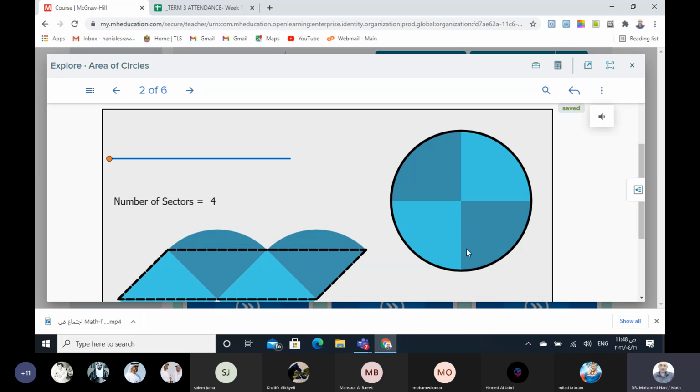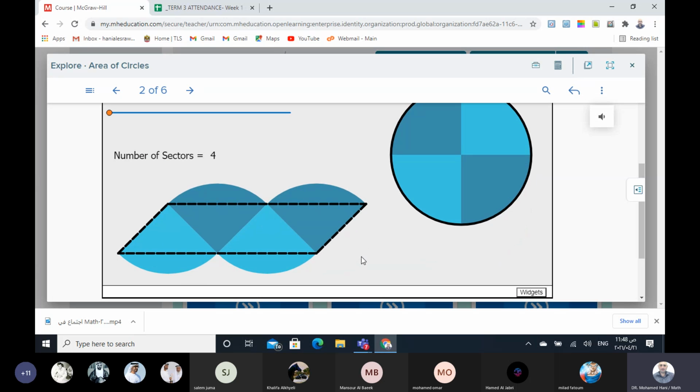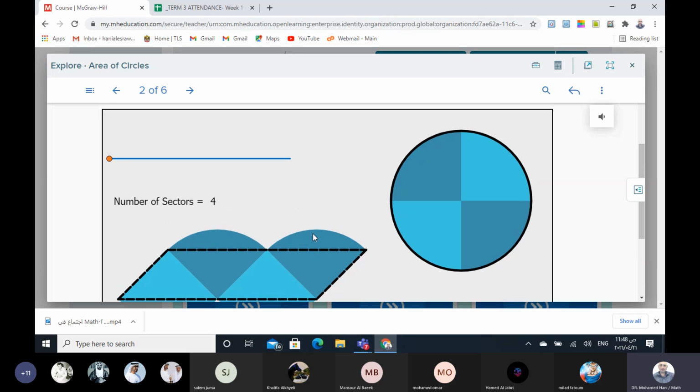I cut the circle into 4 sectors, 1, 2, 3, 4. And I take the sectors and put them here, like this figure. As you see, this is nearly a parallelogram. Now, if I increase the sectors like this, look what happens.